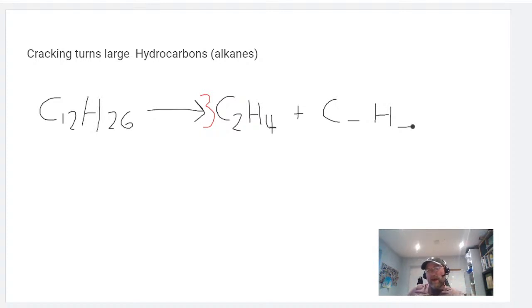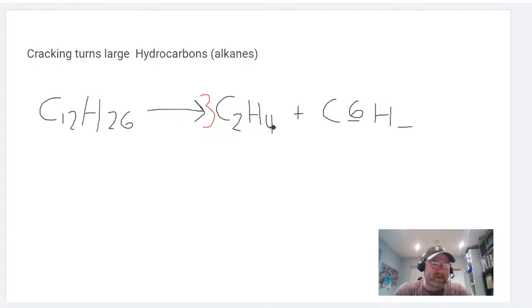What's my missing alkane? So I'm going to have C6 left over.